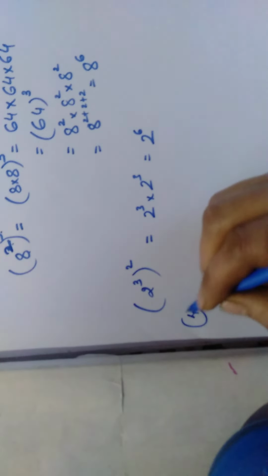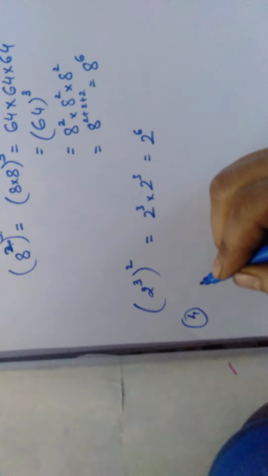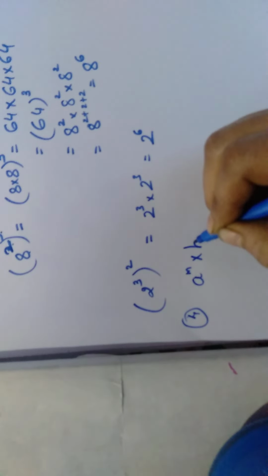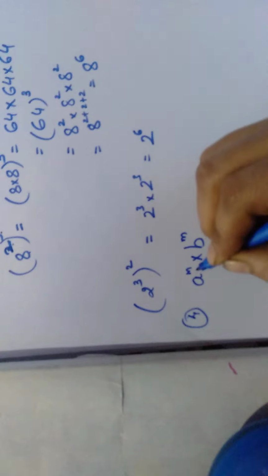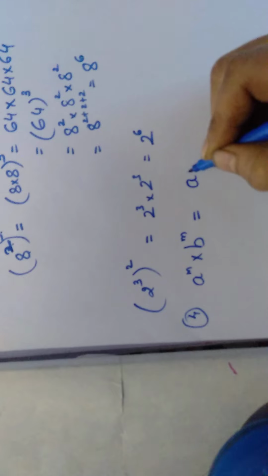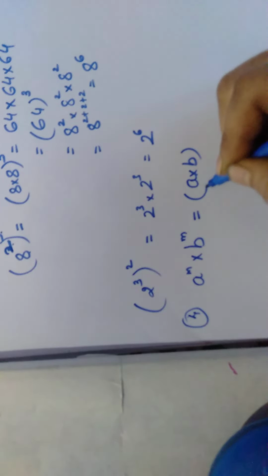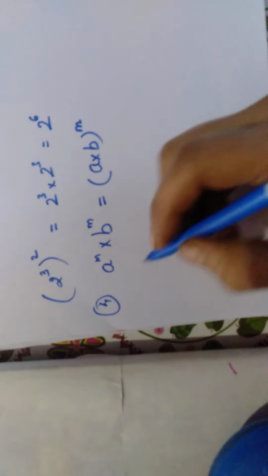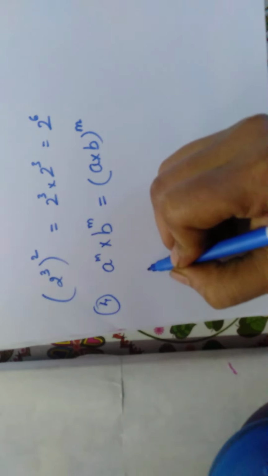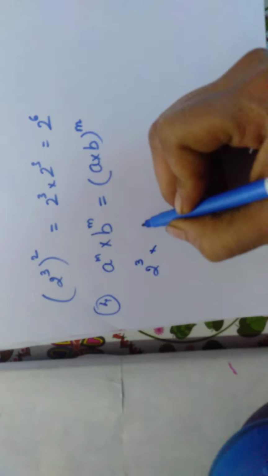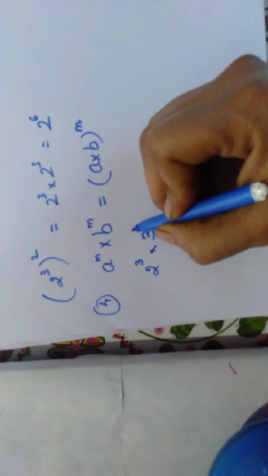Next one is, if two different bases are there, a to the power m multiplied by b to the power m, the power is the same, then this can be written as the product of a into b with the common power m. Now just see the example. 2 to the power 3 into 3 to the power 3.